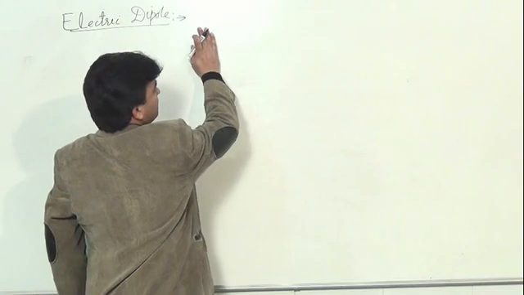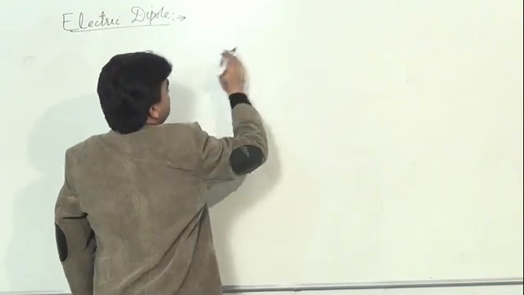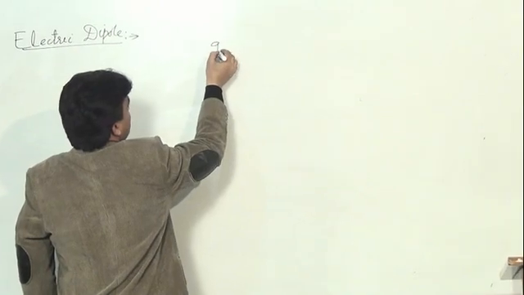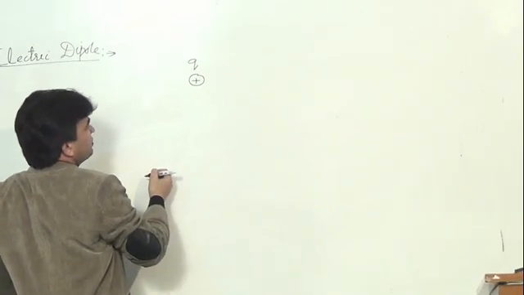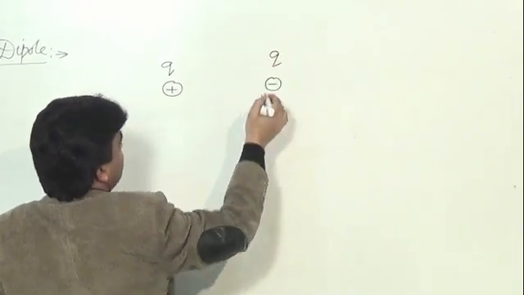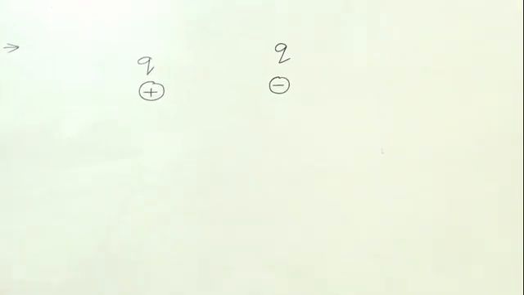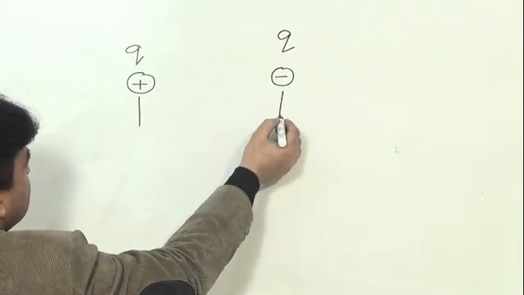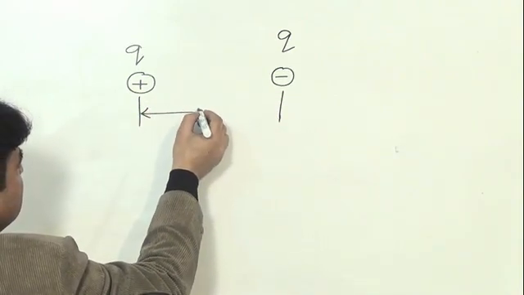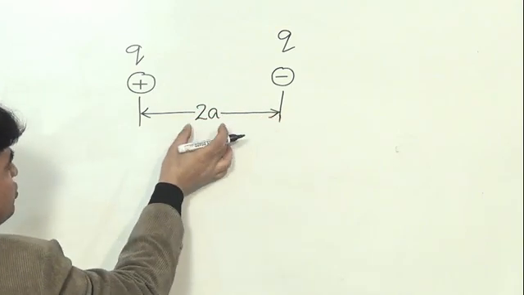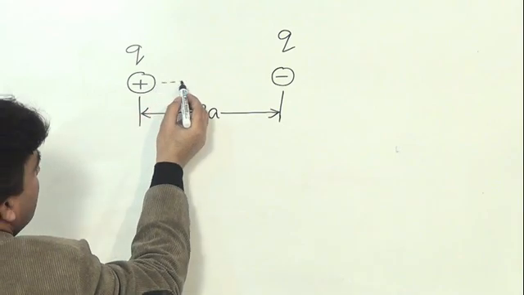For example, let us suppose that I am having two charges, positive charge Q and an equal amount of negative charge Q, which are separated by some distance, say 2a. I will call the distance between the two charges 2a.